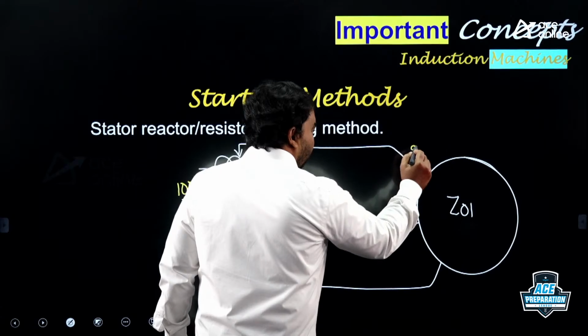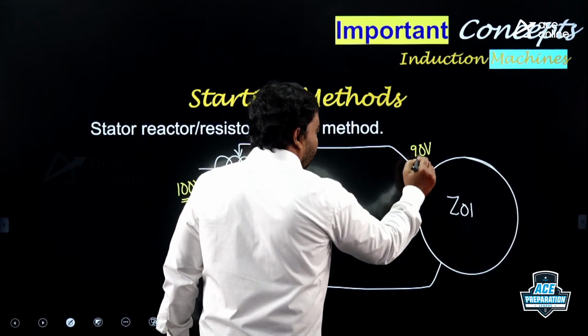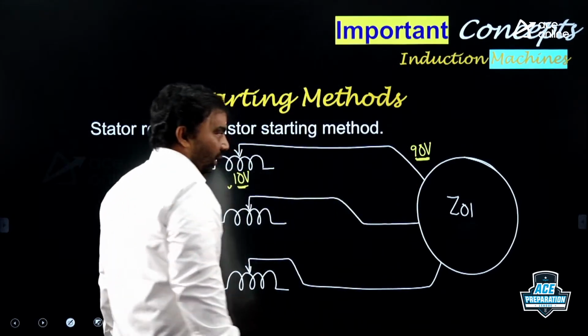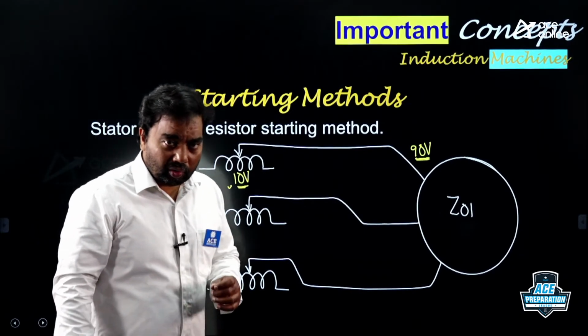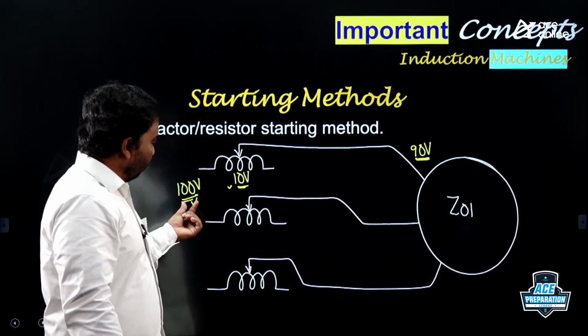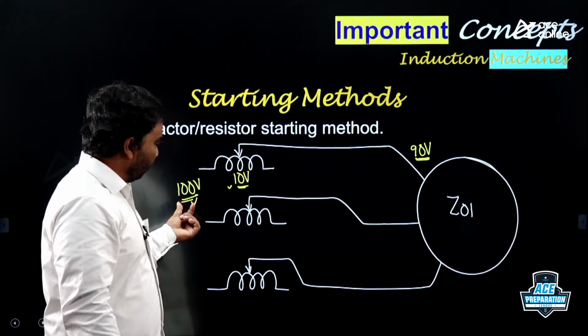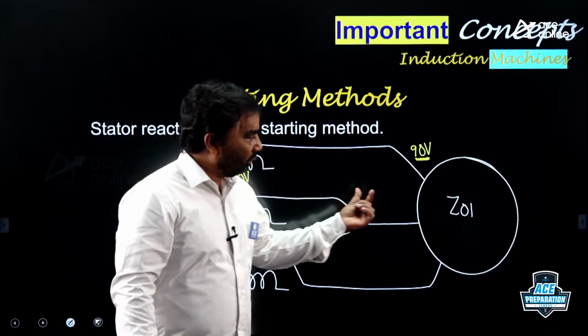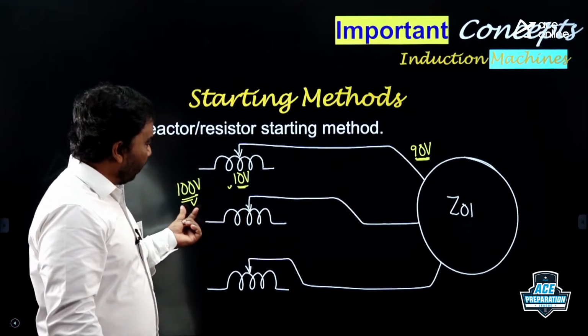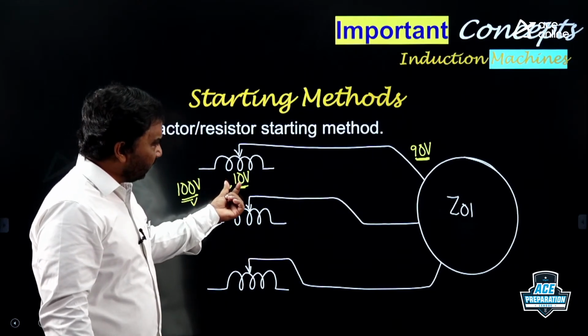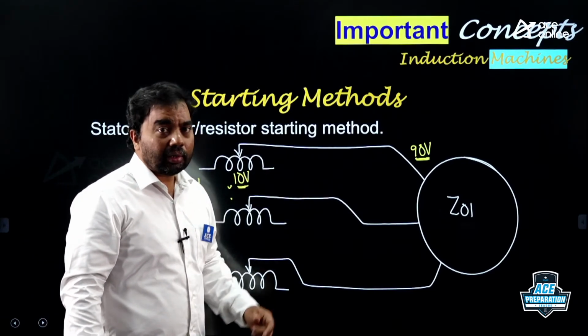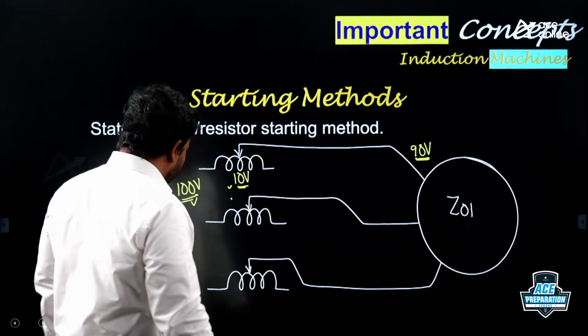Then what is the voltage I am applying across each stator terminal? 90 volts. So here you can see that whatever voltage you are applying across these three phases, we are not giving the same voltage here. A part of the voltage is dropped in the series reactor and the remaining voltage is applied across the stator winding.